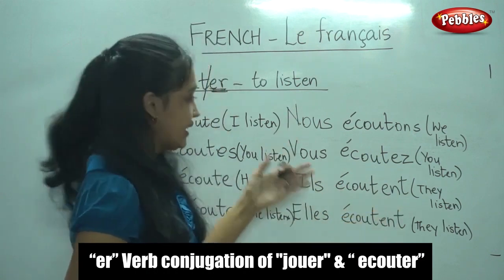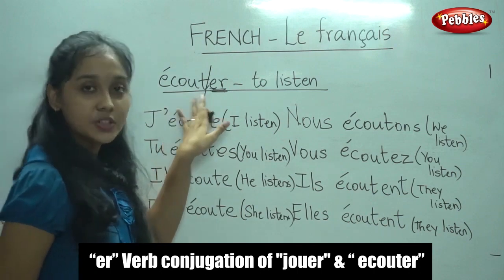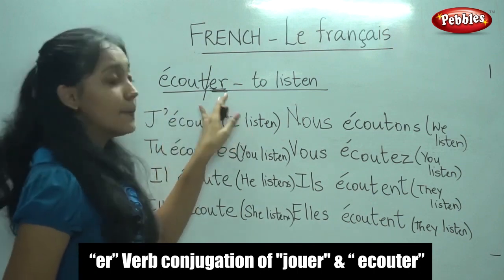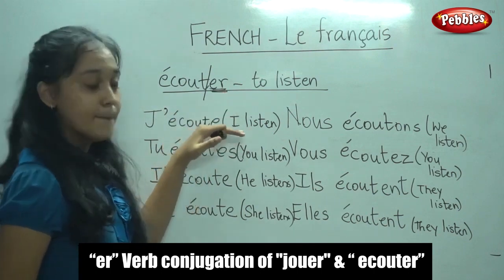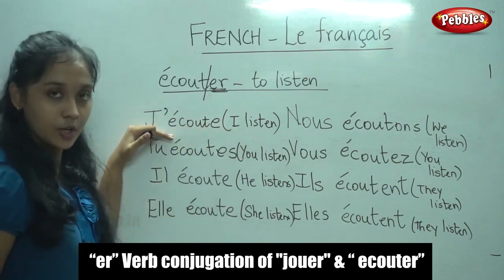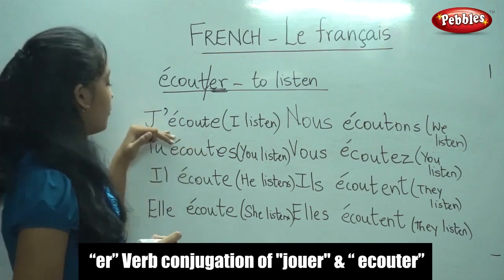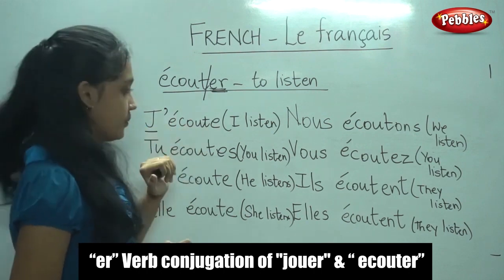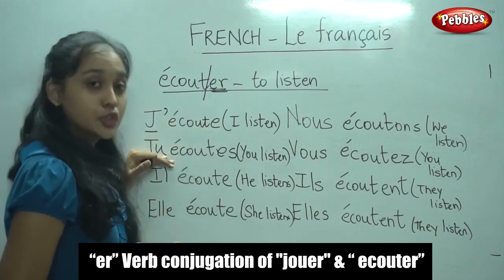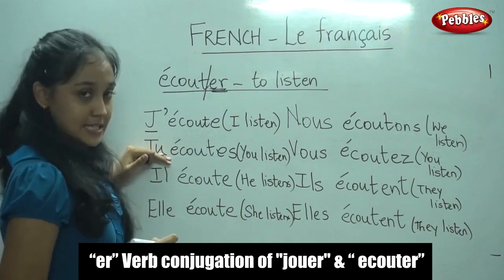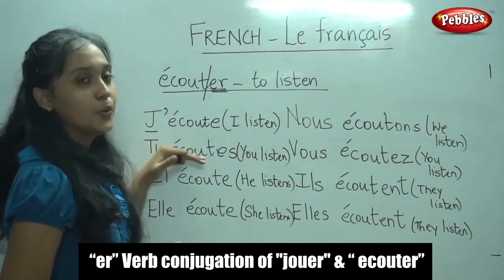So, when using the verb écouter in a sentence, we must conjugate it based on the subject pronoun. If it is in the first person singular, we would conjugate it for je, j'écoute. Similarly, if it is for tu, the second person singular, we would say tu écoutes.